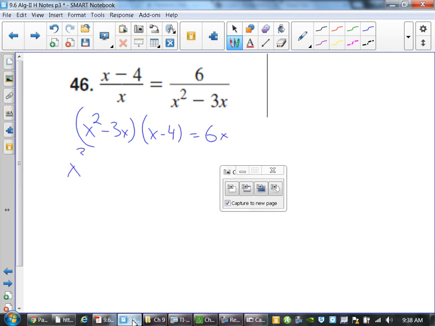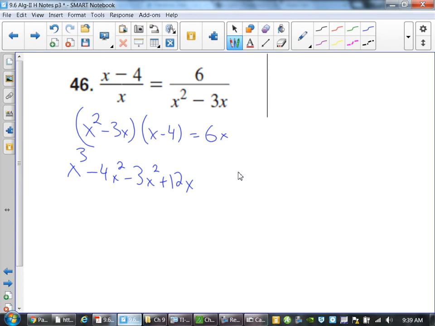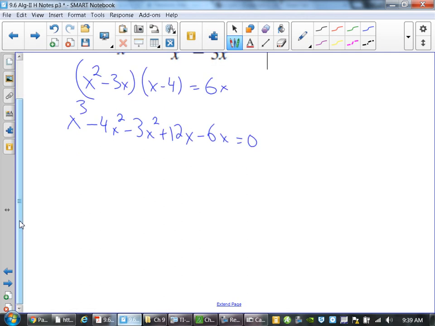So we have x cubed minus 4x squared minus 3x squared plus 12x minus 6x is 0. I just moved that 6x over real quick. Then we have x cubed, minus 4x squared minus 3x squared is minus 7x squared, plus 6x.